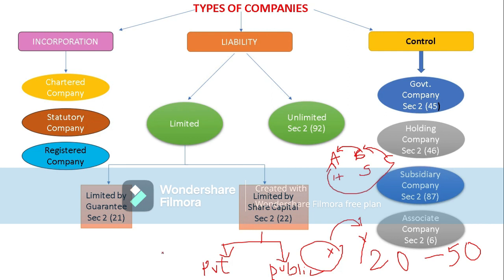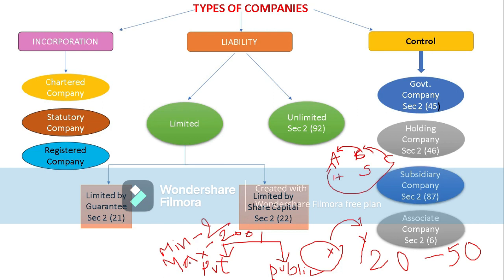For a private limited company, the minimum number of directors should be 2. Coming to the maximum number of members for a private limited company, it is 200.